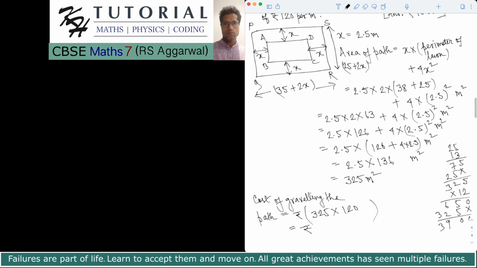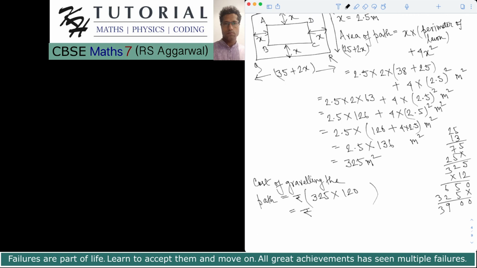So I have to do 136 multiplied by 2.5, and so this is 340 meter square.